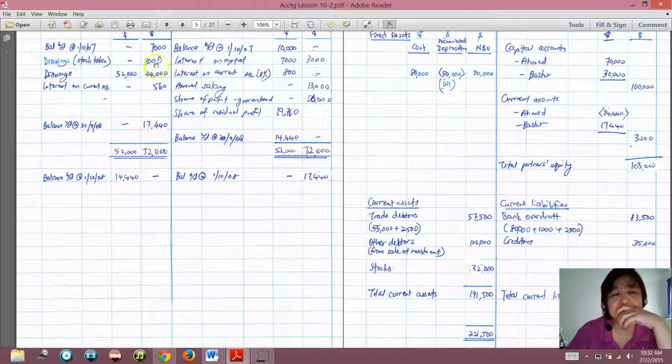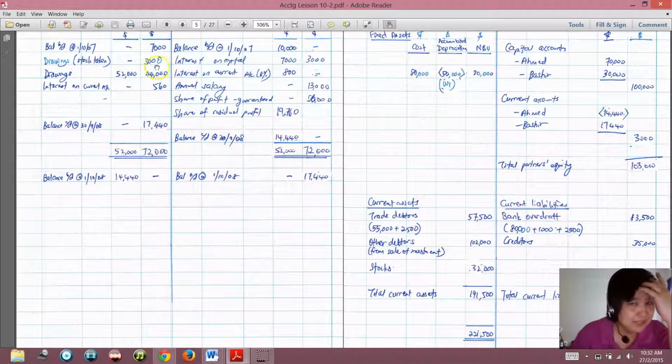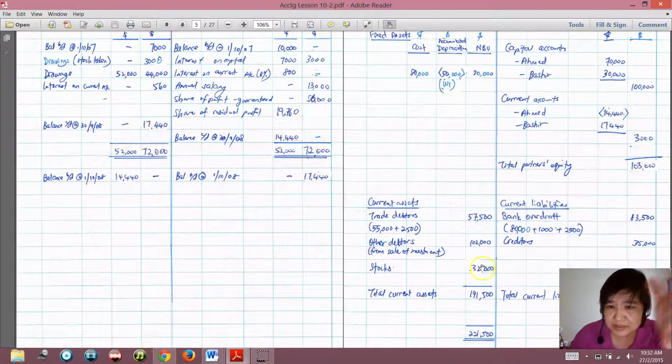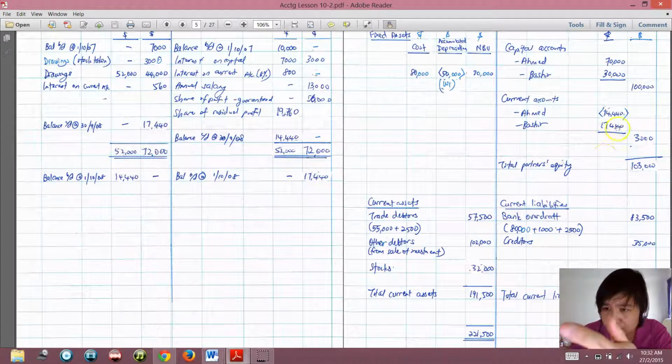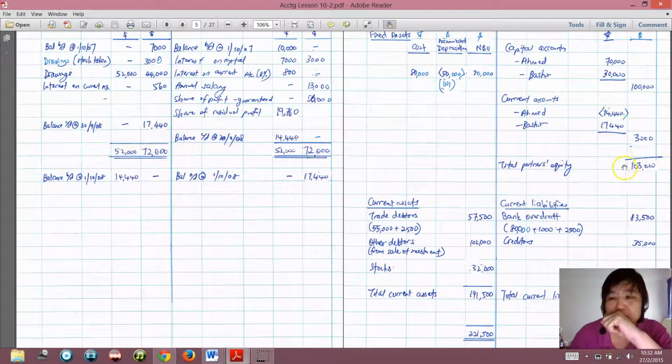You credit the stock and debit the drawings. In other words, you reduce the stock in the current assets, and also reduce the current account, the total equity of the business owner.